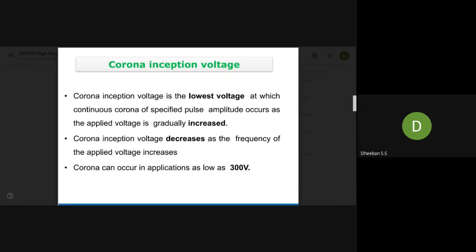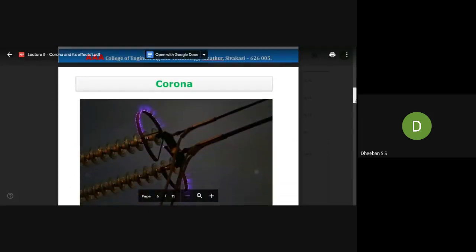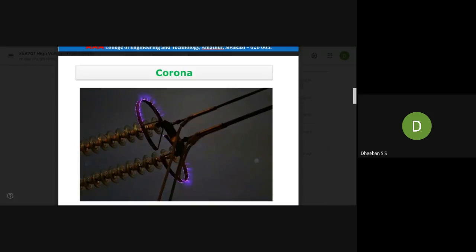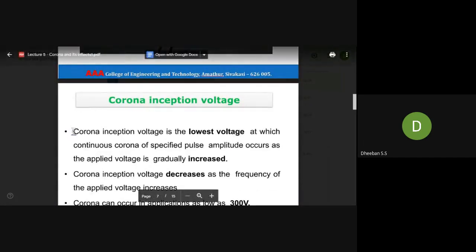Here you can clearly see some pulse-like structures around the conductor, which depend on your voltage, that is the corona inception voltage.